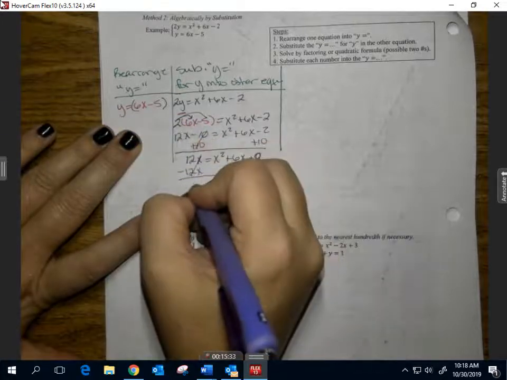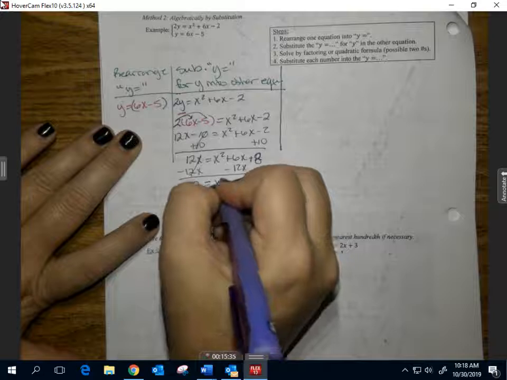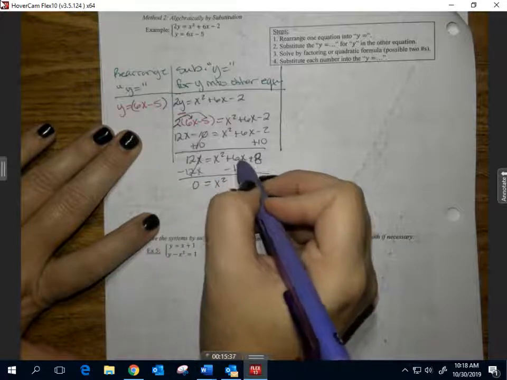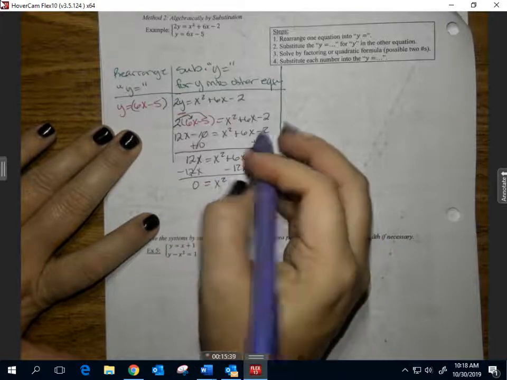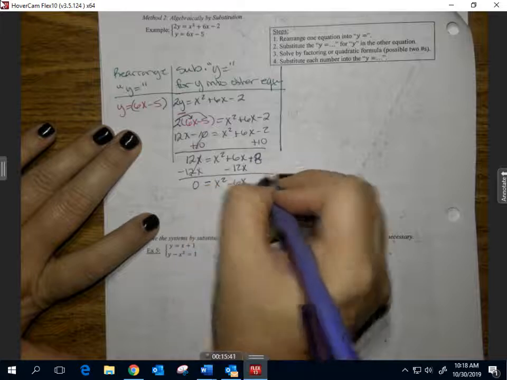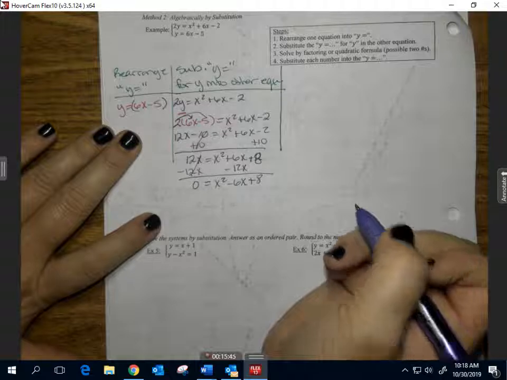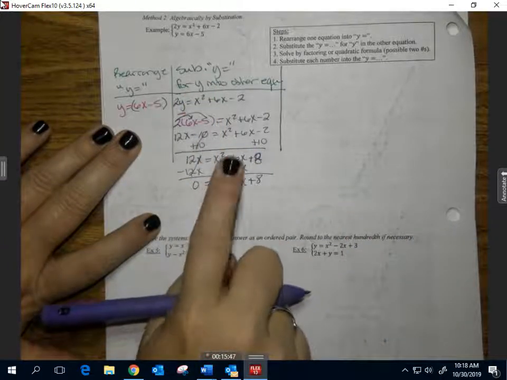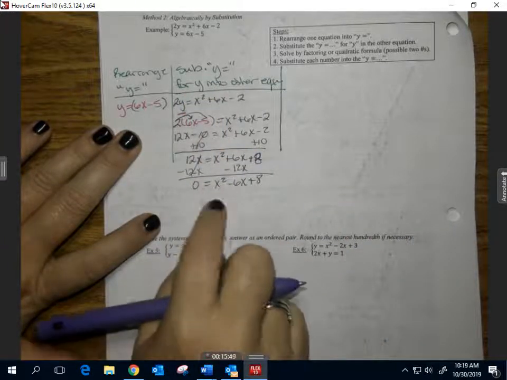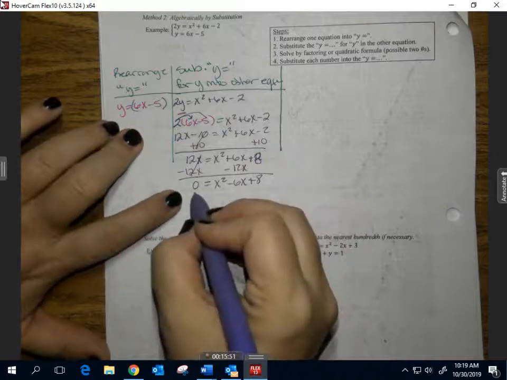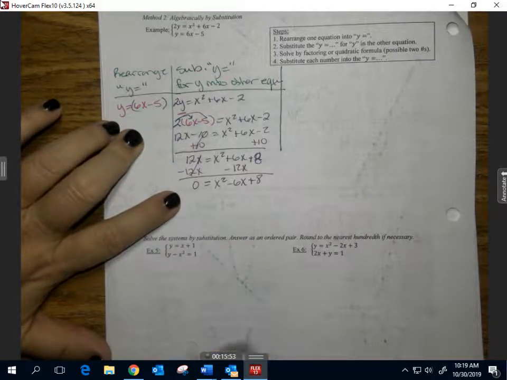Now I have 0 equals x squared, positive 6x minus 12x is a negative 6x. Bring down the plus 8. That's all I want to do in this column. When I get equals 0, I'm done in this column.